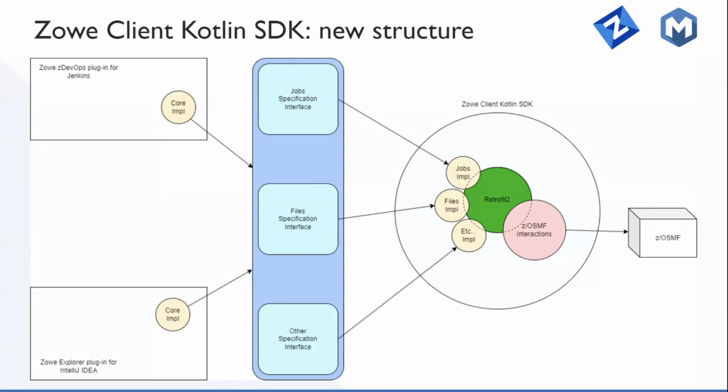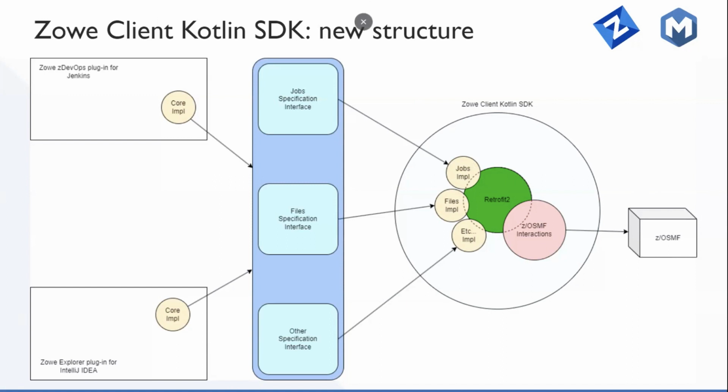Kotlin SDK will be some kind of shell under that specification that will introduce some implementation methods for the interaction with any part of the ZOS. It's either the OSMF or some other parts like CICS, like RSE API, and so on.